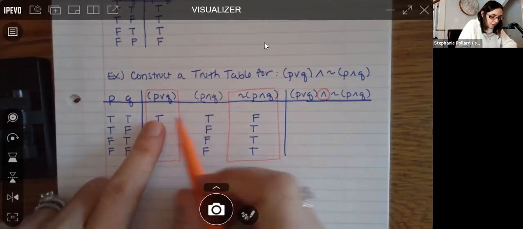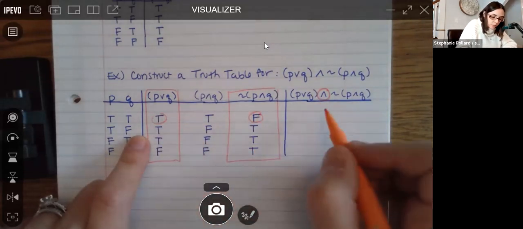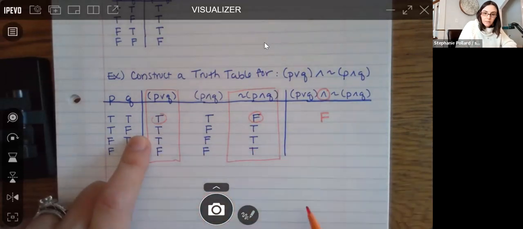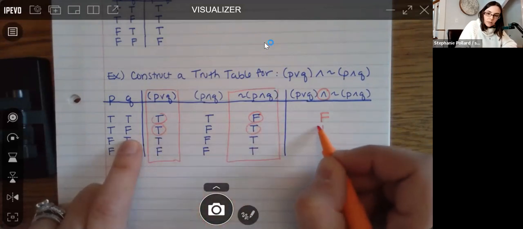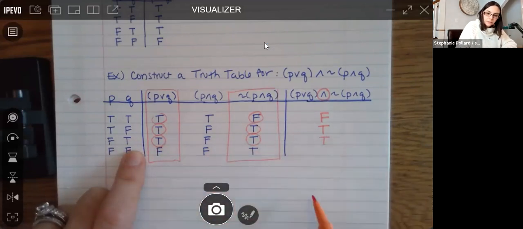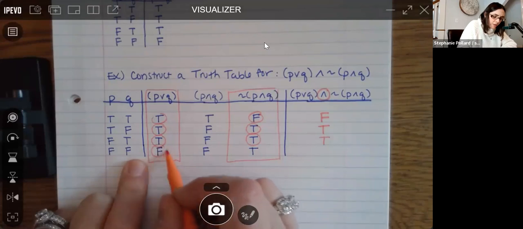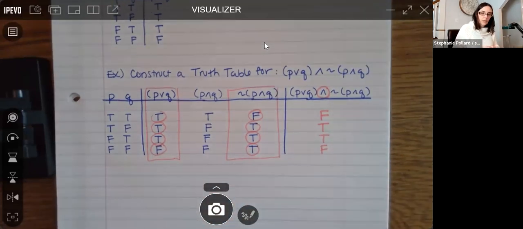So if I look here, this one's true, this one's false, but not both true. So this outcome is false. Here, true and true, so that looks good. True and true, that looks good. And then this one, I have a false, so this must also be false. And that is the end of our truth table.